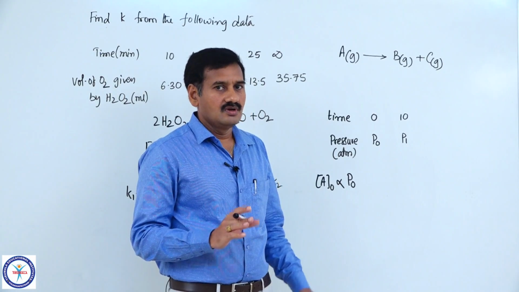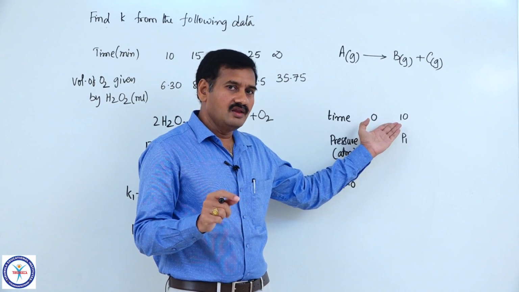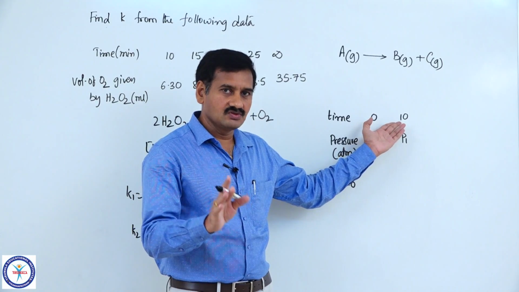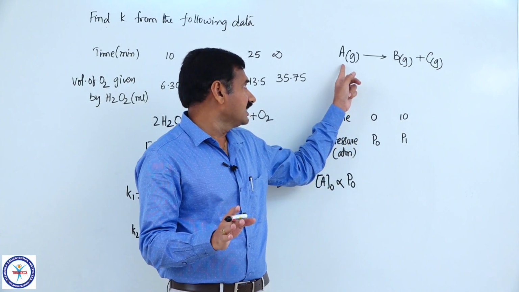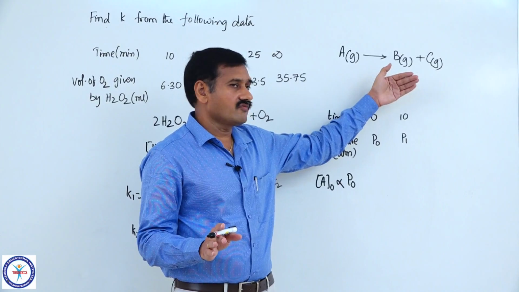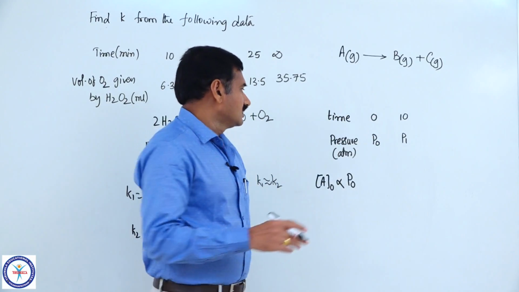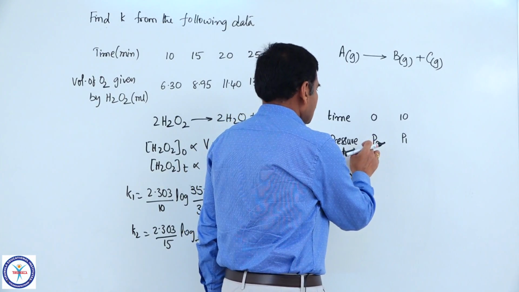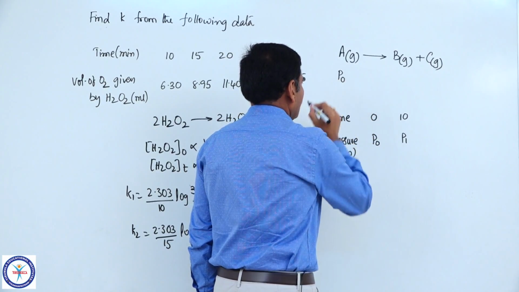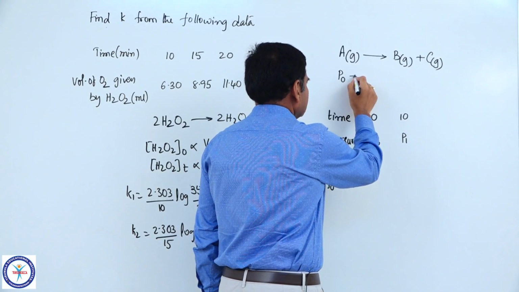No doubt, at time t equal to 10 minutes, if all A is not dissociated, some amount of A is dissociated, some unreacted A is left over and some quantity of B and C is formed. Suppose the initial pressure of A is taken as P naught; out of P naught, there is a drop in pressure of A as some P dash.